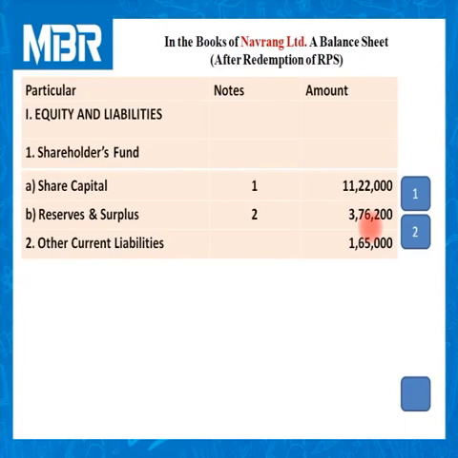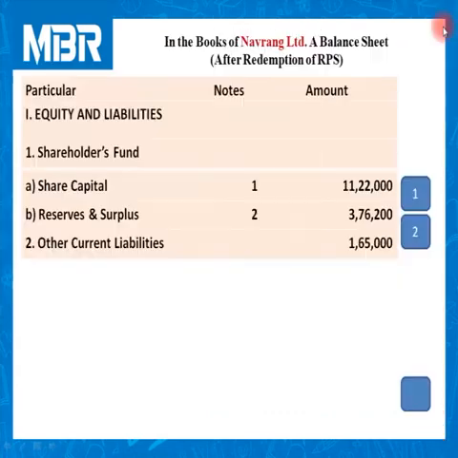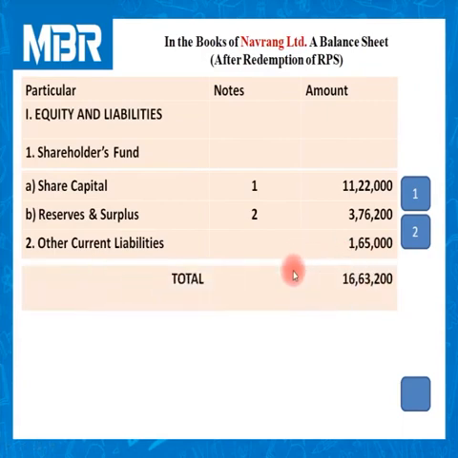Then add other current liabilities 1,65,000. Check the balance sheet given in the question. Other current liabilities are given as rupees 1,65,000. No adjustments are there, so directly 1,65,000 is inserted in the balance sheet. So total of equity and liabilities is 16,63,200.